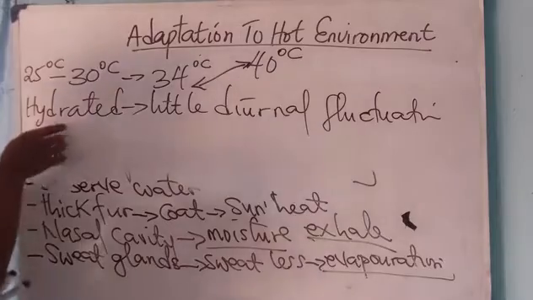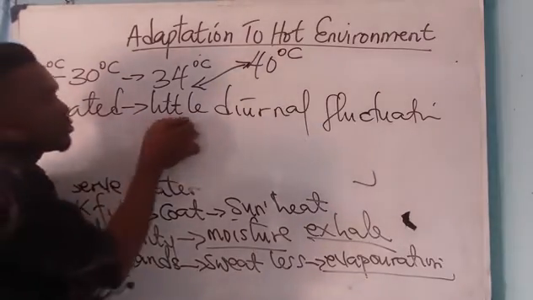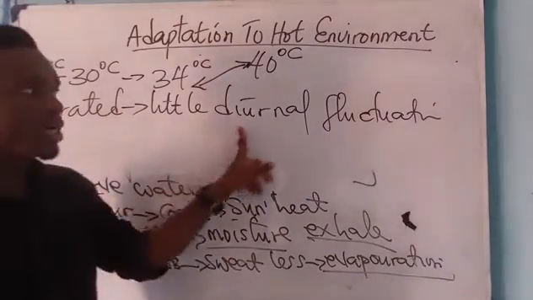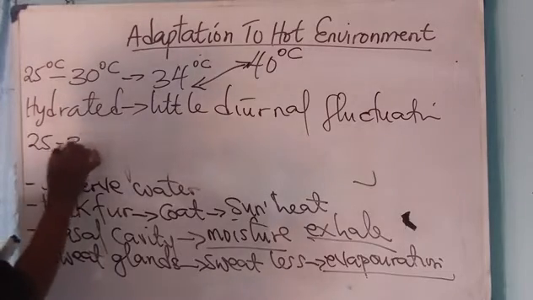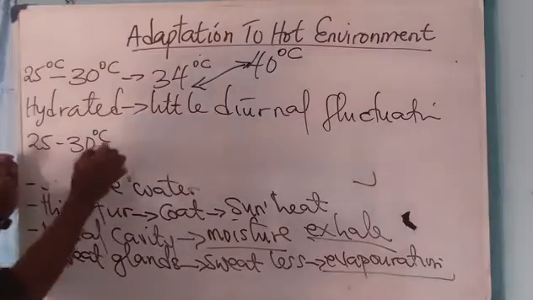Then a fully hydrated camel can withstand little diurnal fluctuations, and the temperature of these diurnal fluctuations is between what? 25 and what? 30 degrees Celsius.